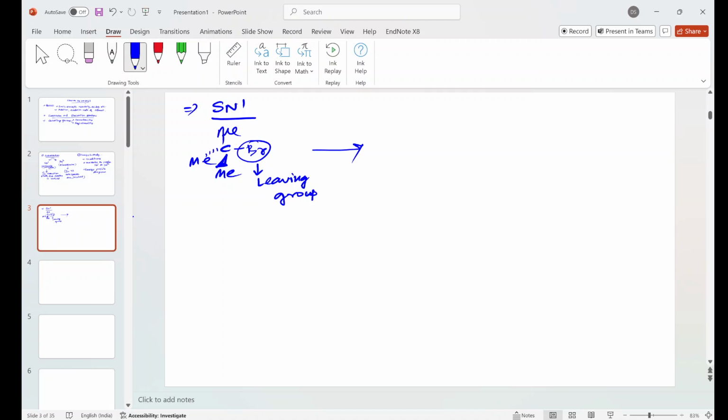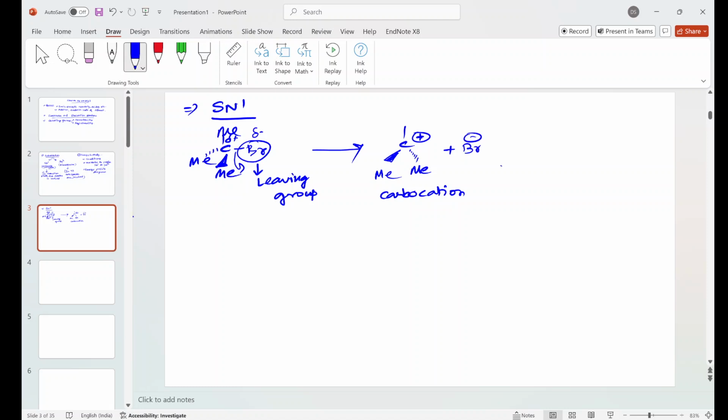So this is delta positive, this is delta negative. When you have a very weak nucleophile, what will happen? This bromo will leave at first, and then you will have what is called a carbocation, and Br minus.